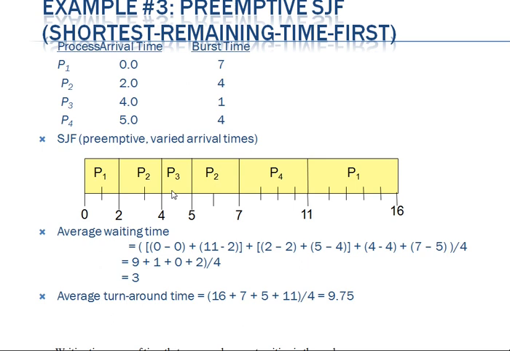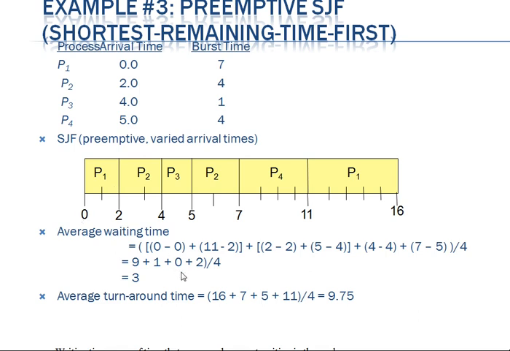Then P3 will execute and the remaining burst time for P2 will be completed. Then at time 5 we have P4, whose burst time is even shorter than P1. So here P4 will execute and lastly P1 will complete its execution.